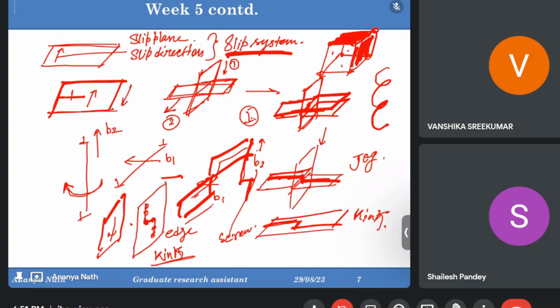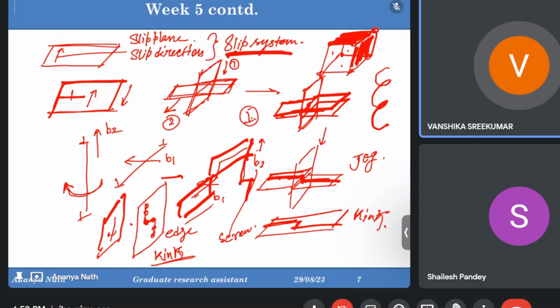But if two edges are interacting with each other, it can happen that only a jog has happened and no kinks. It can happen that if a screw and edge have interacted, only a break in the edge dislocation has happened, and there is no such break or interruption in the screw dislocation. It can happen.